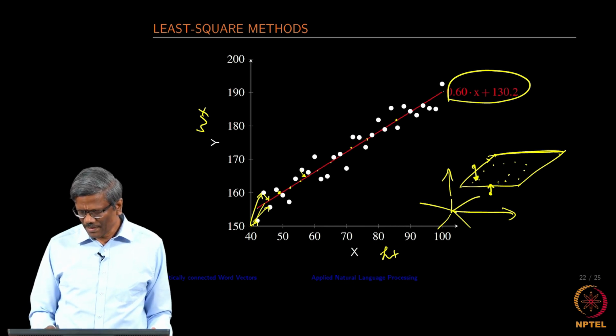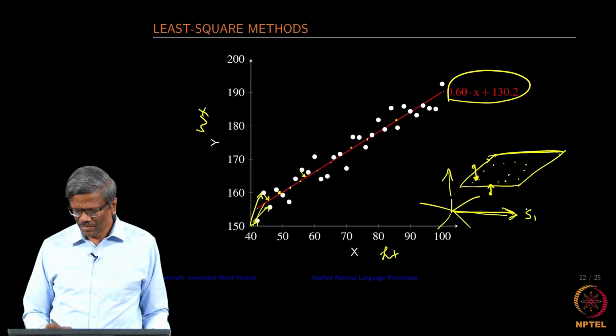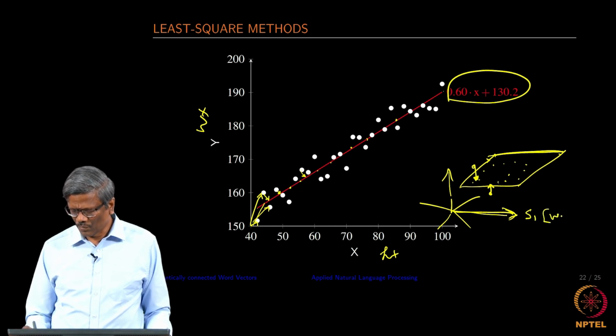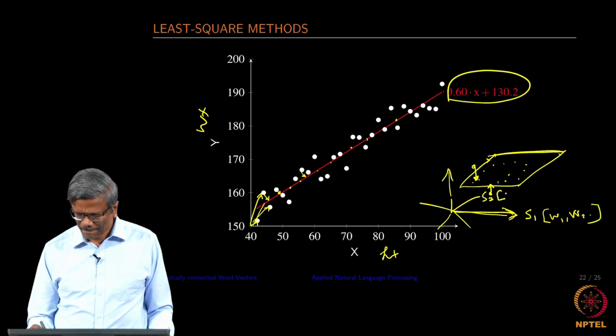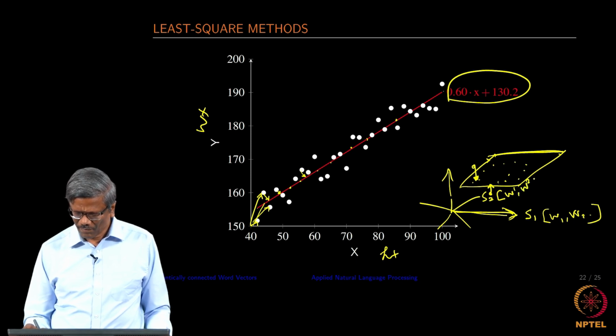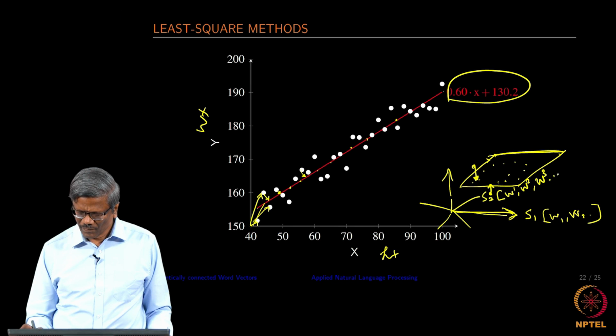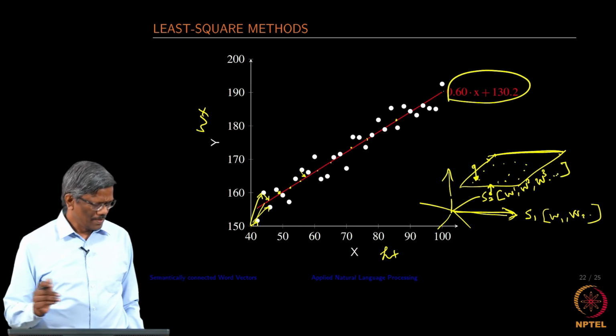Meaning similar words, let us say similar set 1, word 1, 2 would be in this axis, the next set would be in this axis, and so on.